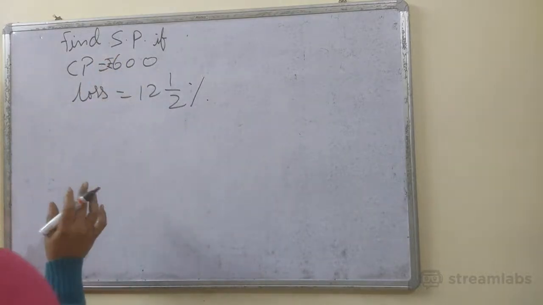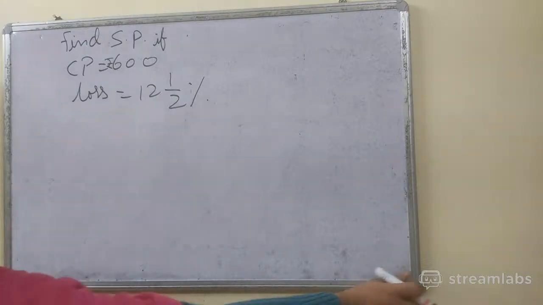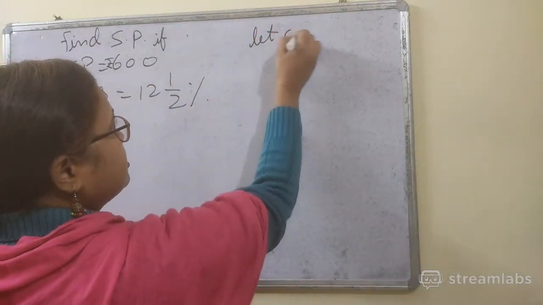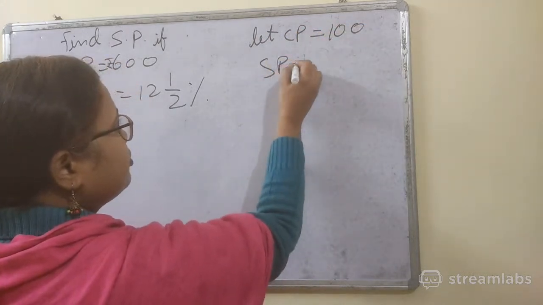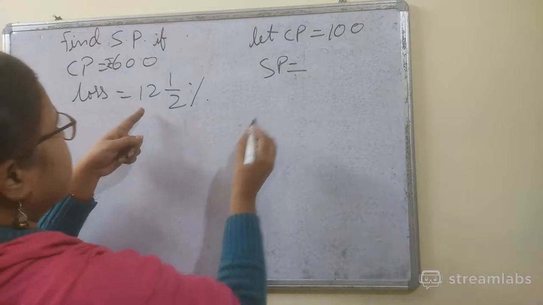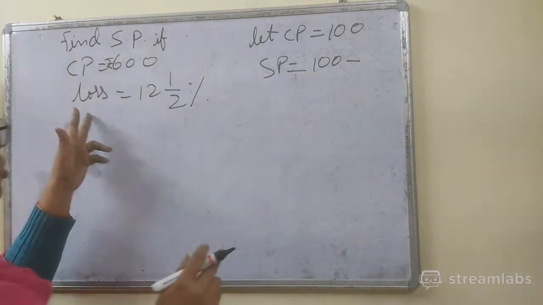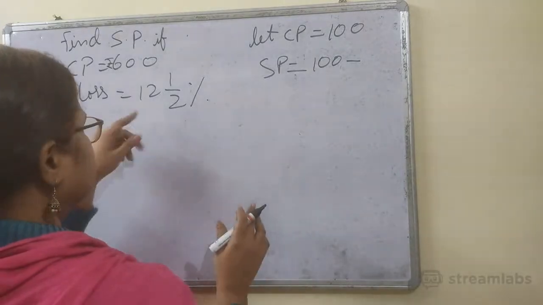If this is the question, then how will we find the SP? First, we suppose CP to be 100. Then SP will be 100 minus loss percent.